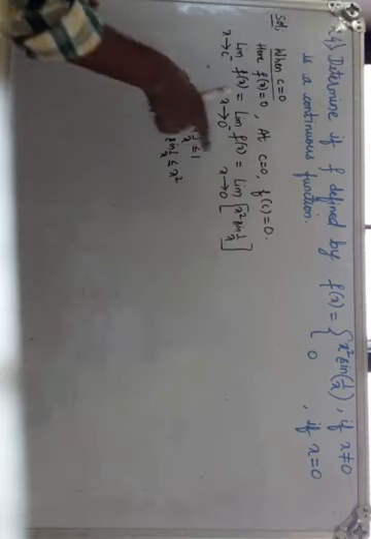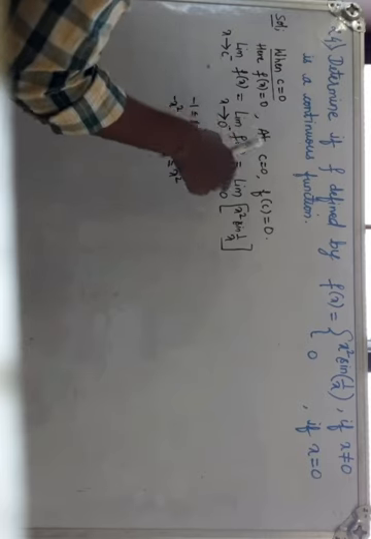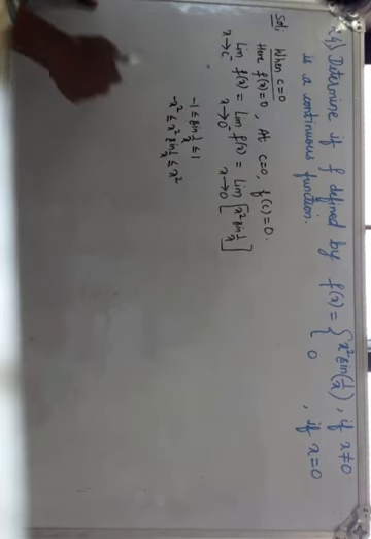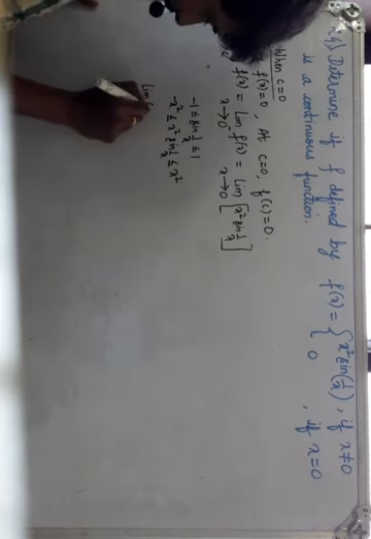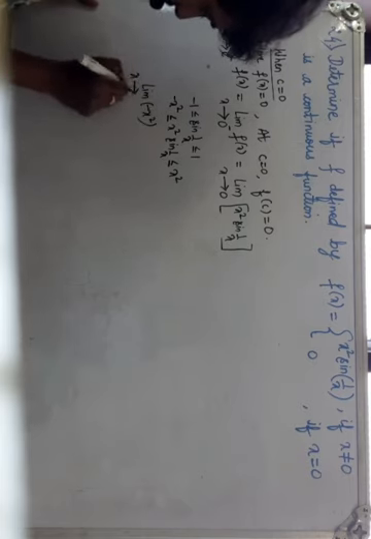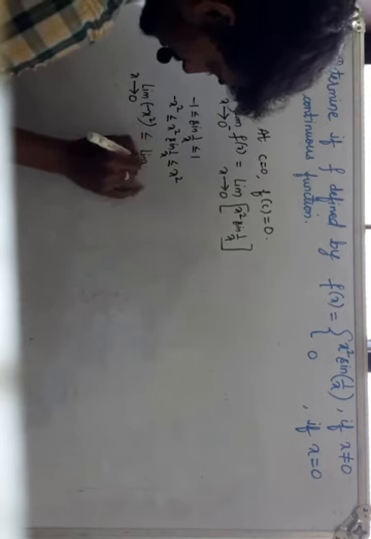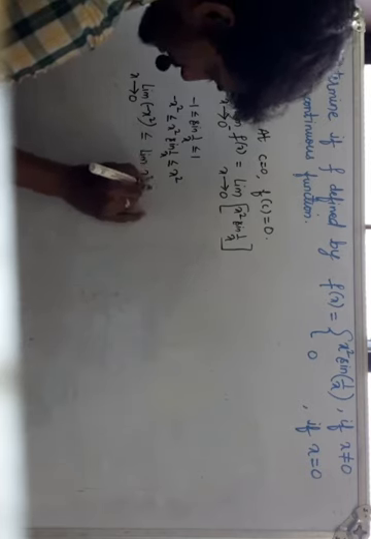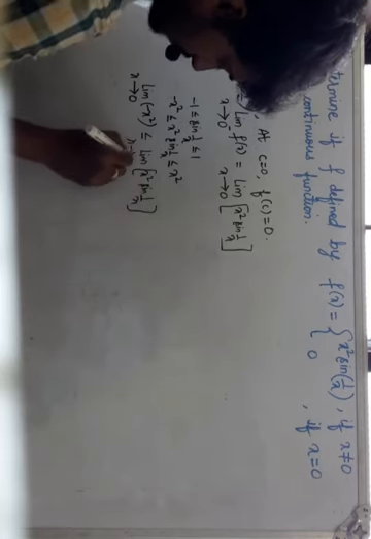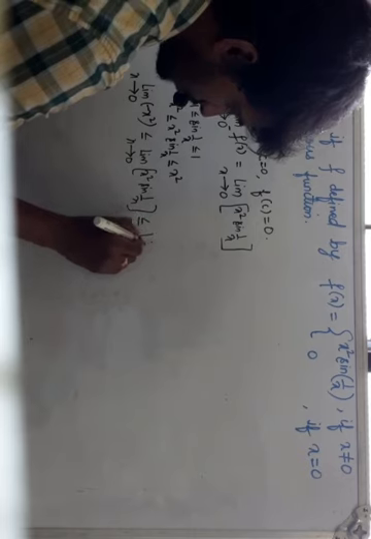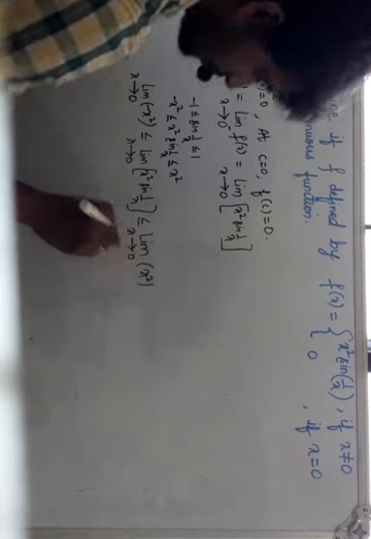Now what we want is the limit as x tends to 0, so I apply the limit to this expression. The limit of minus x square as x tends to 0 is less than or equal to the limit of x square sine 1 by x as x tends to 0, which is less than or equal to the limit of x square as x tends to 0.